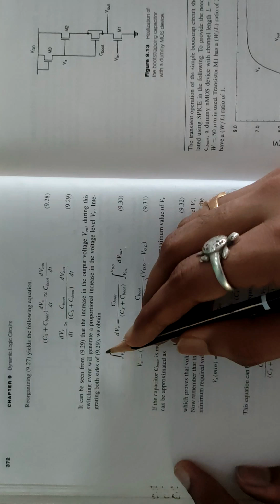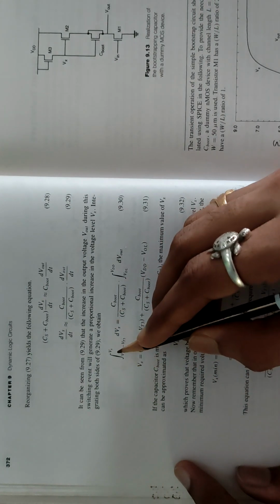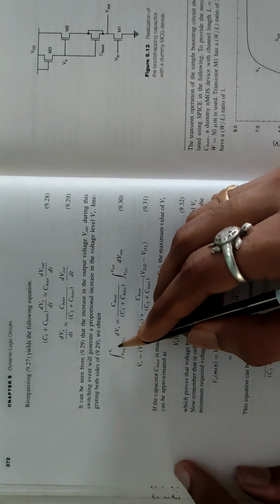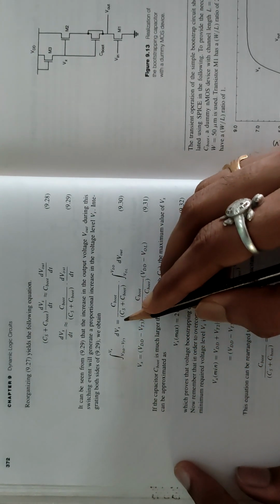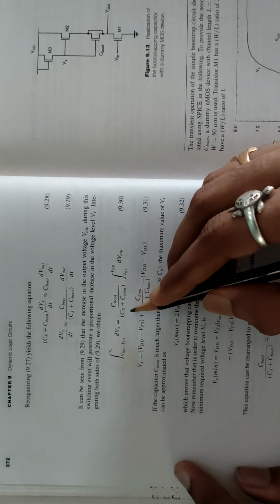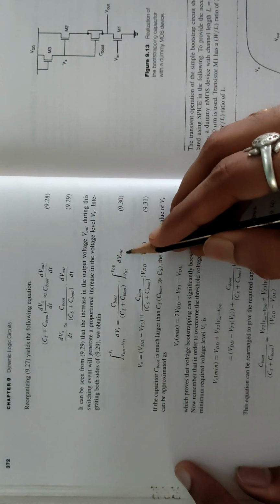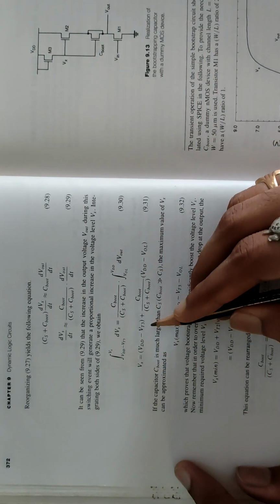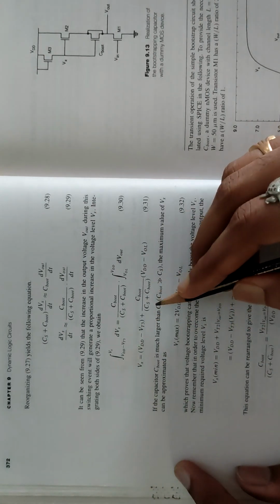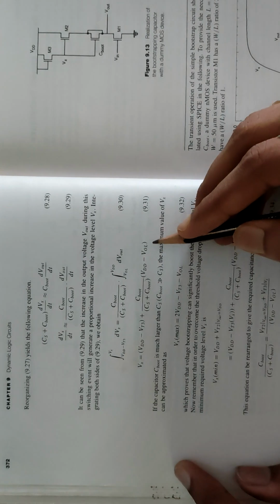Integrating both sides of the equation, we obtain the integral from VDD minus VT3 to Vx of dVx equal to Cboot/(CS plus Cboot) times the integral from VOL to VDD of dVout, so Vx equal to VDD minus VT3 plus Cboot/(CS plus Cboot) times (VDD minus VOL).